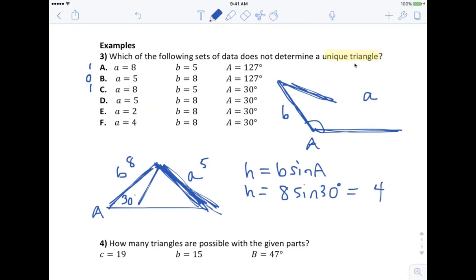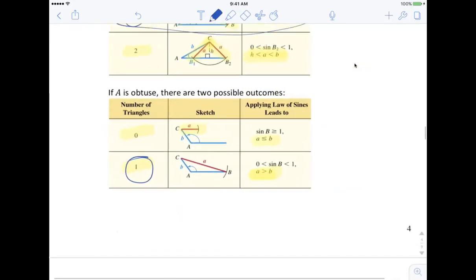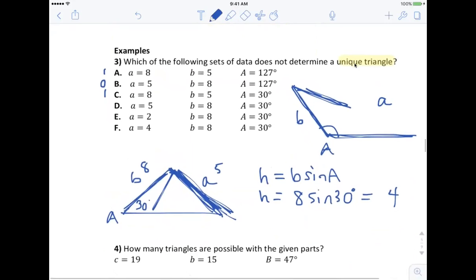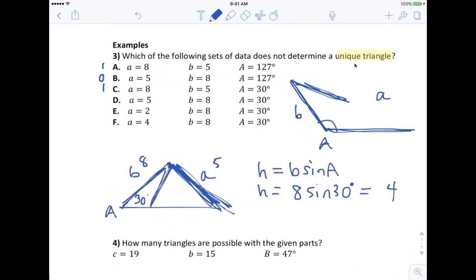Okay, so A is bigger than H and less than B. Do we have a scenario where A is bigger than H and less than B? That's right there. A is between H and B, that's 2. That's the kind where you could possibly draw 2 triangles like we have here. You have 2 possibilities for that one.